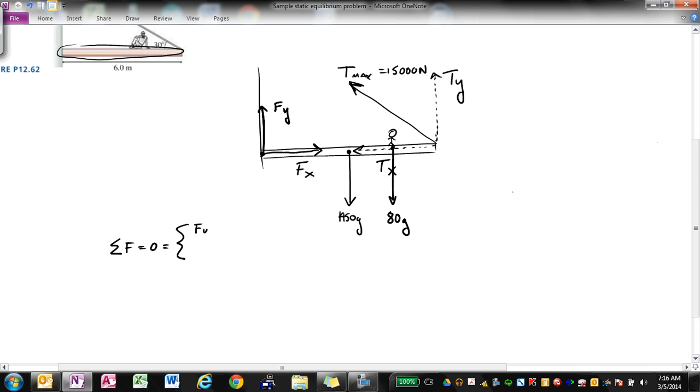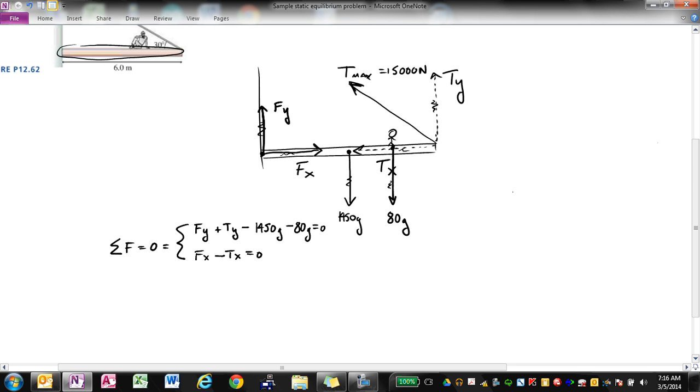So we'll say Fy plus Ty, so we did this one, minus 1450g minus 80g. Did this one, did that one. That's got to be equal to 0. And then in the x direction, Fx minus Tx equals 0. Did this one, did that one. So that's all the forces.